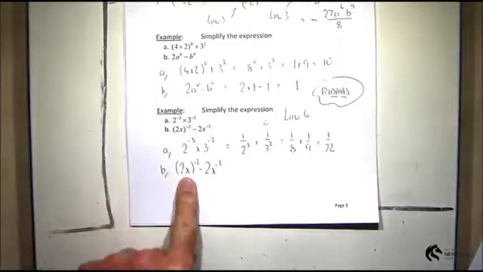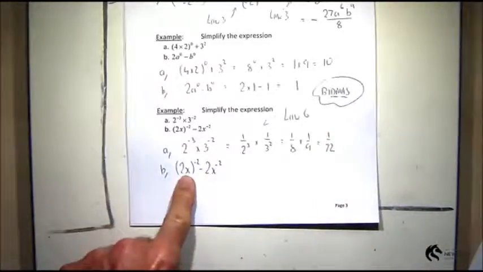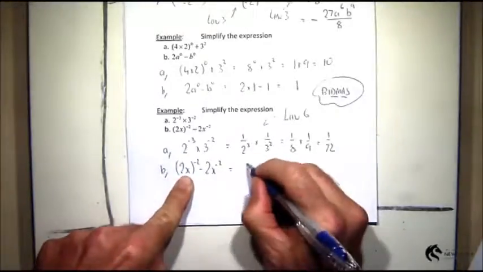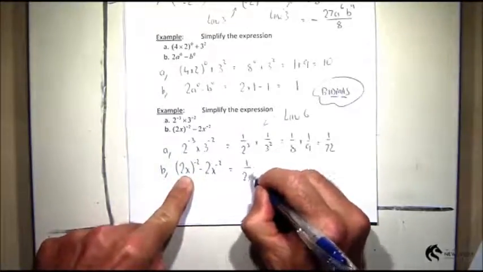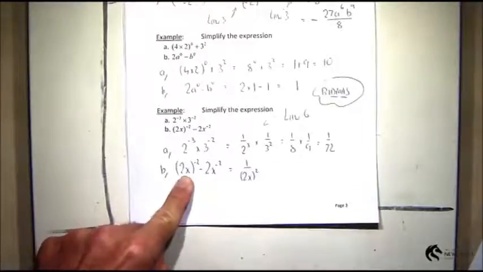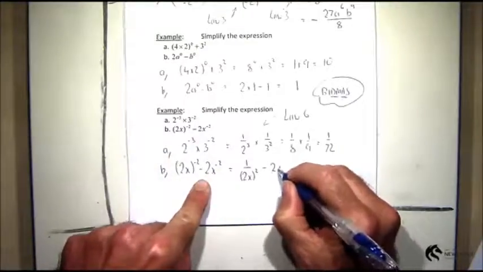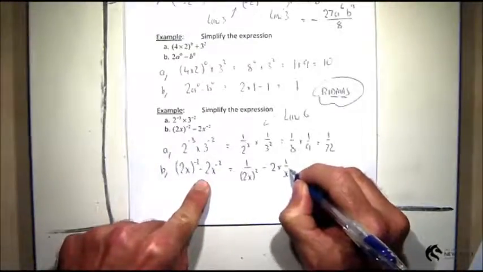So in here, this is 2 times x, all to the minus 2. So this becomes 1 on 2x squared. Whereas in the second term, this is minus 2 times 1 on x squared.